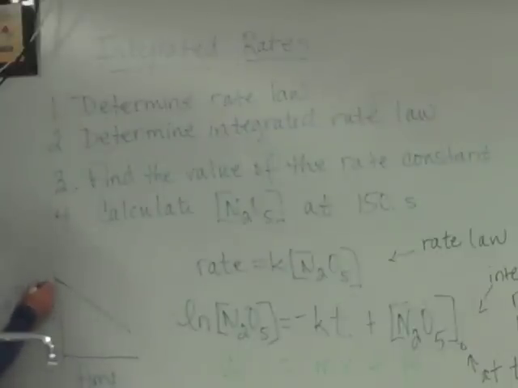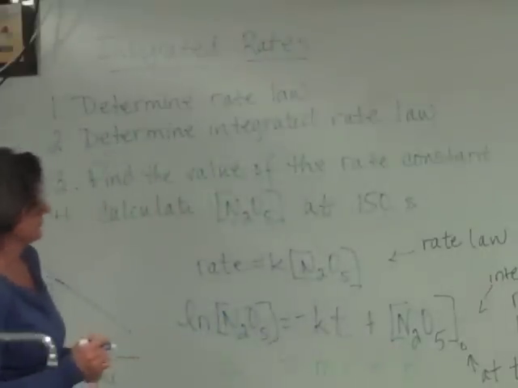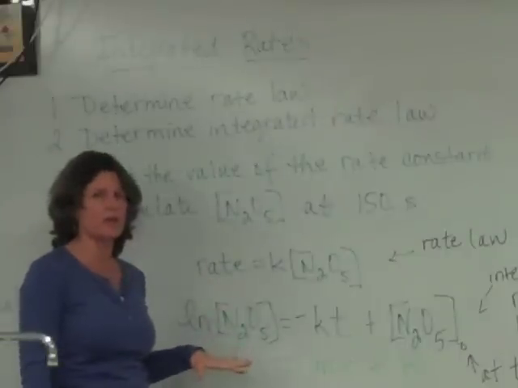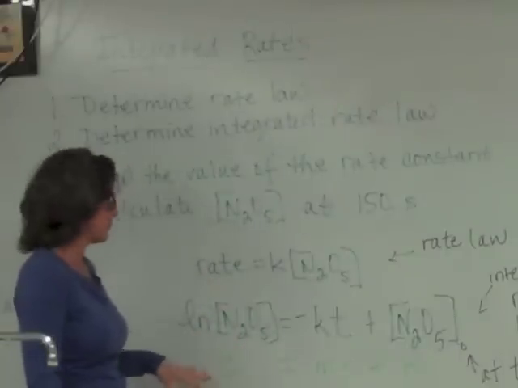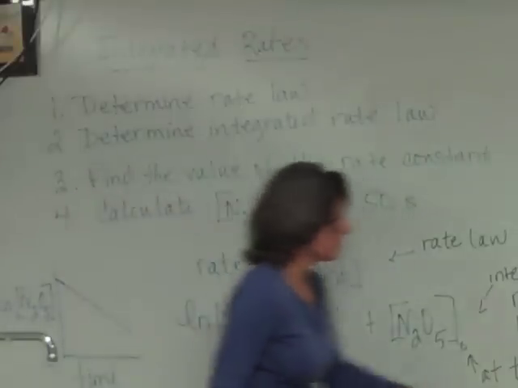All three of the integrated rate laws are in slope-intercept form, y equals mx plus b, with m being the slope of the line.